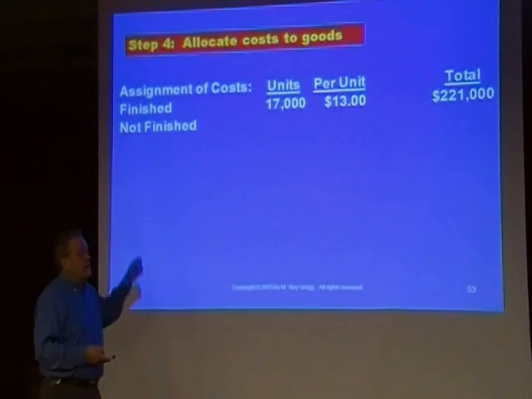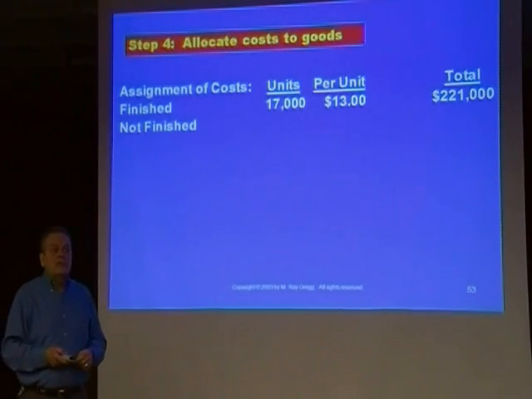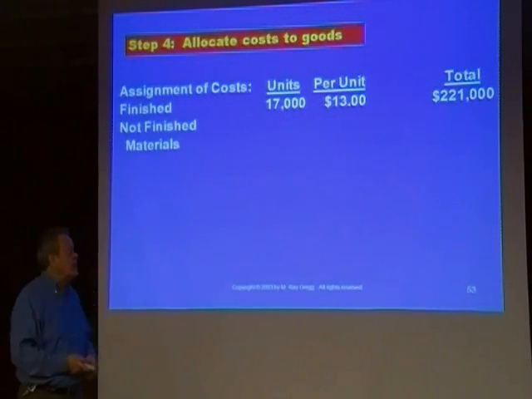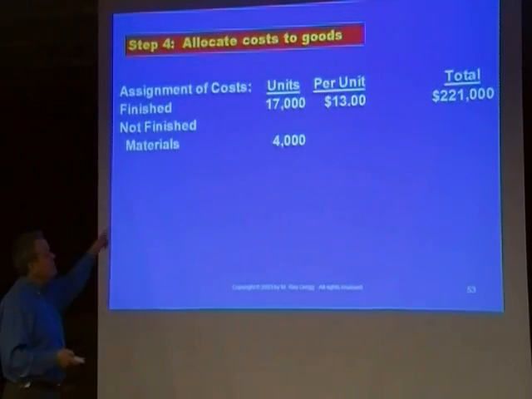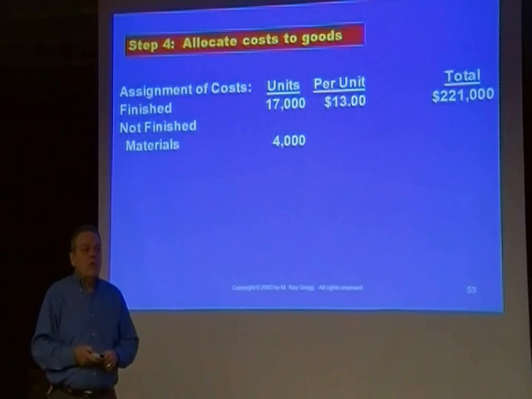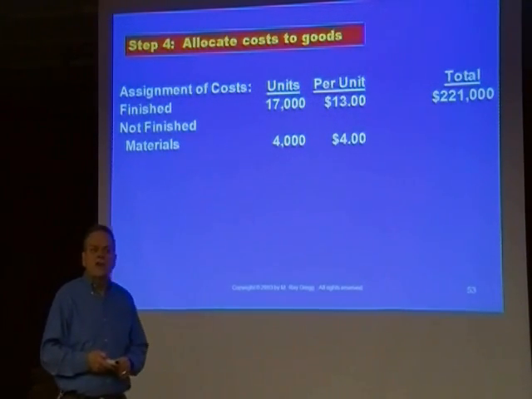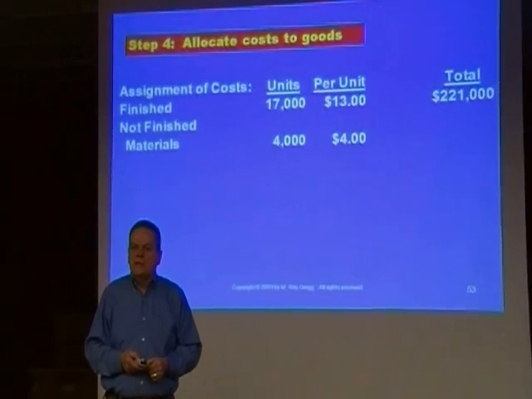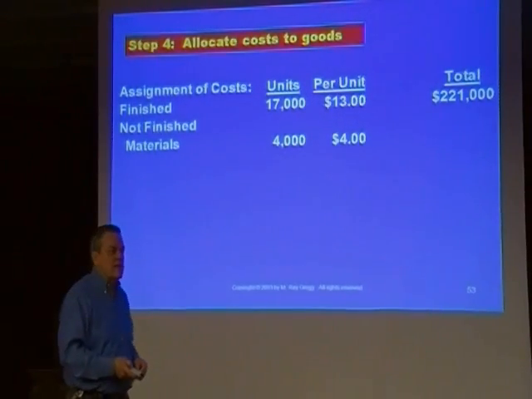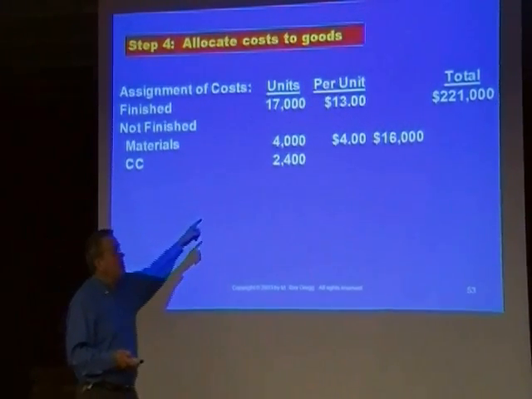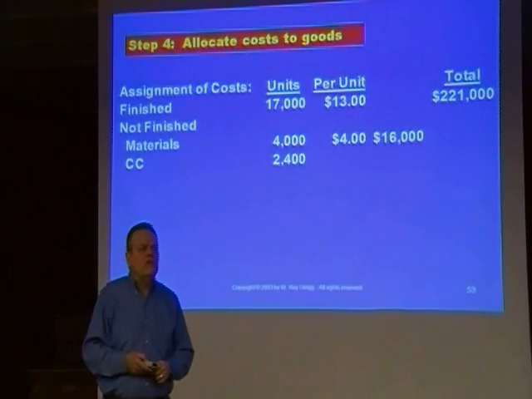Let's go back and look at the goods in the department in ending inventory and the cost associated with those goods. There are some materials here, 4,000 units of materials. Materials cost us $4 this month. We made that calculation in step 3, I think it was. And we added some effort this month. The equivalent units of effort were 2,400.